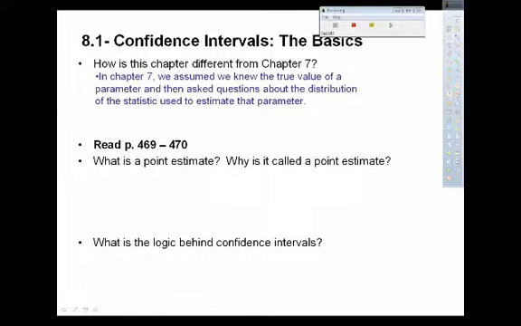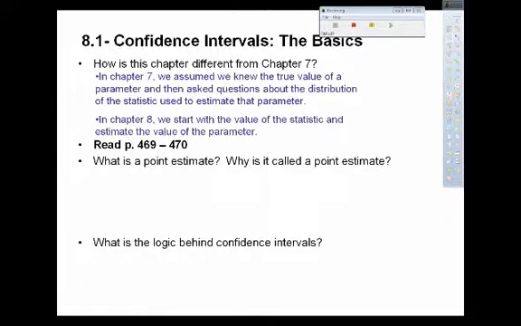So we're going to start with the value of the statistic and estimate the value of the parameter. We'll be asking questions more like, if x bar, or our sample mean, is 123.8, what are the plausible values of our population mean, mu?